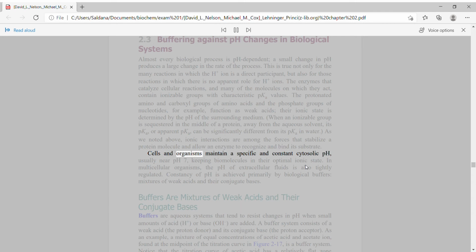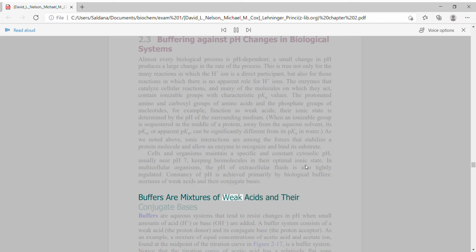Cells and organisms maintain a specific and constant cytosolic pH, usually near pH 7, keeping biomolecules in their optimal ionic state. In multicellular organisms, the pH of extracellular fluids is also tightly regulated. Constancy of pH is achieved primarily by biological buffers, mixtures of weak acids and their conjugate bases.